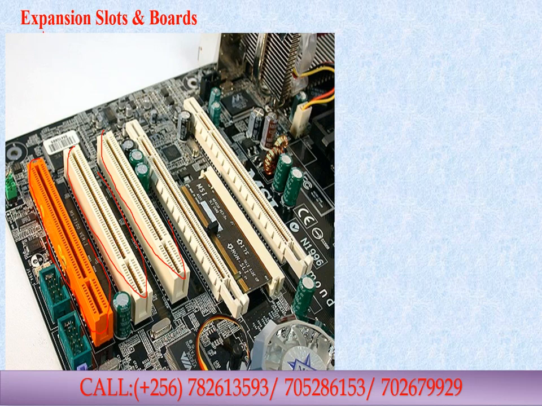That's what they call expansion slots and boards. But not only that, there are other capacities, including the TV card. You may want to watch TV on your computer, to act just like your normal television. So you purchase that card and you expand the capacity of your machine.